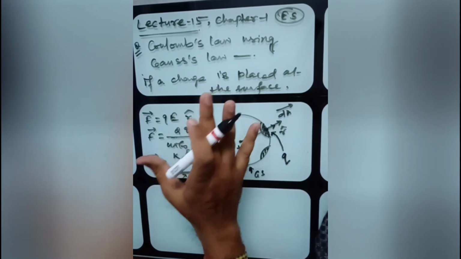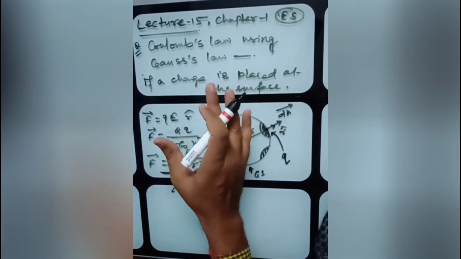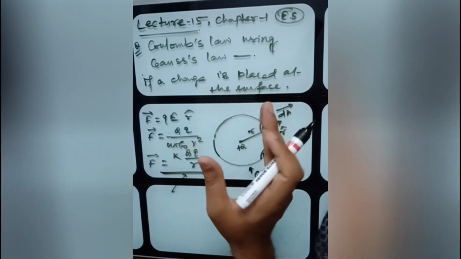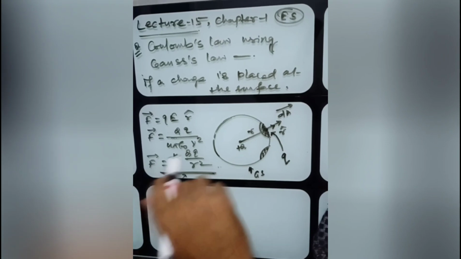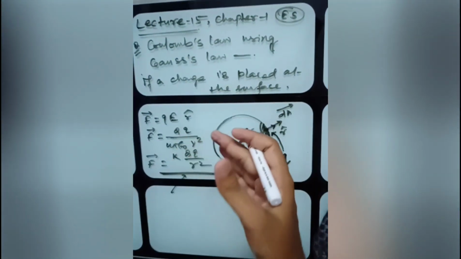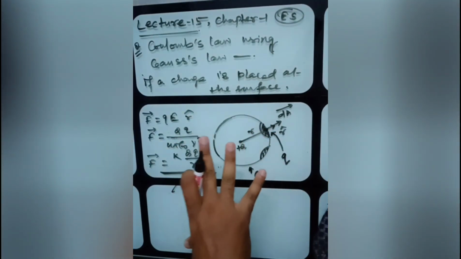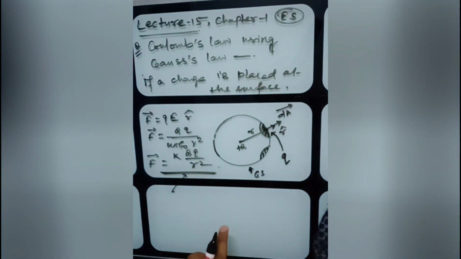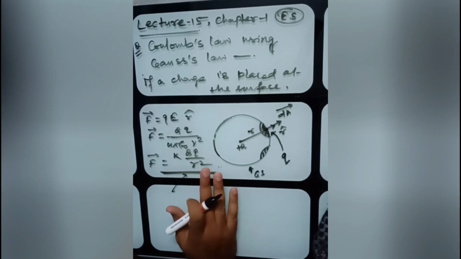This is an important question. You might be asked to prove Coulomb's law using Gauss law, student. If you are asked to find the electric field using Gauss law, use the same concept till equation 1. For 3 marks or 2 marks in the board exam, this question has been asked several times.